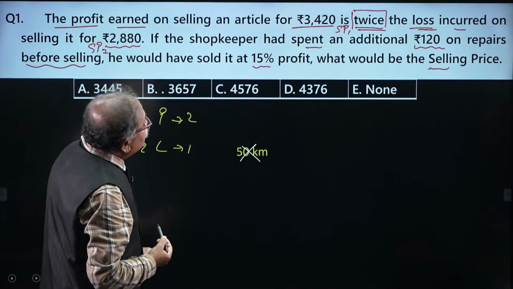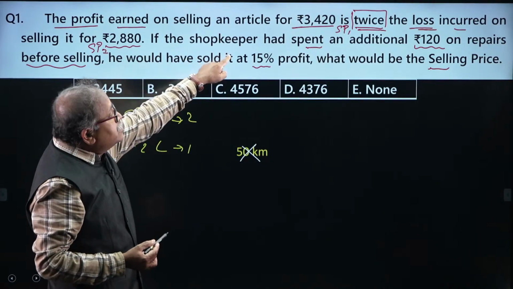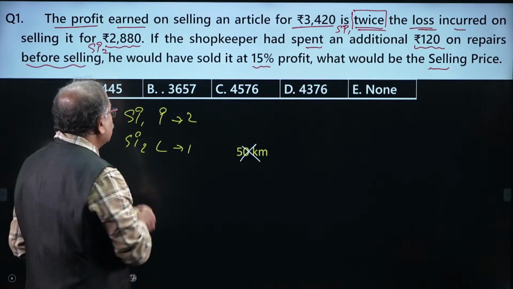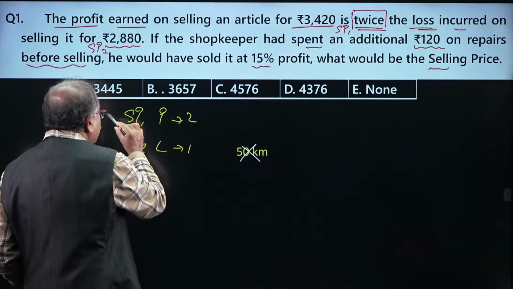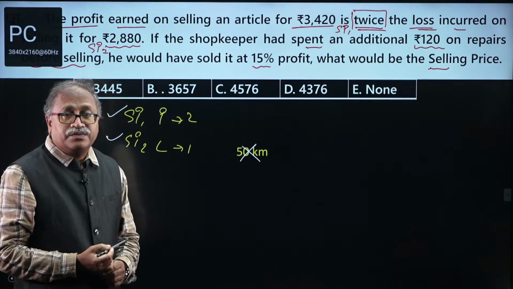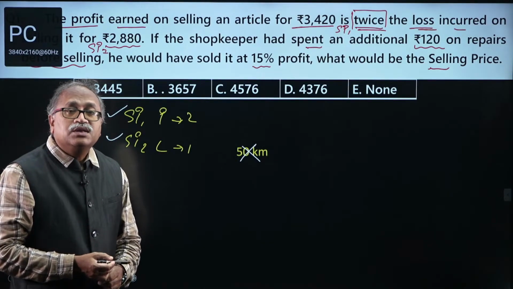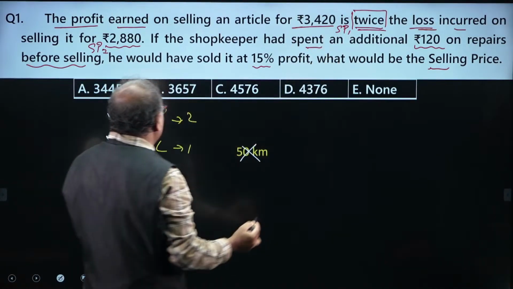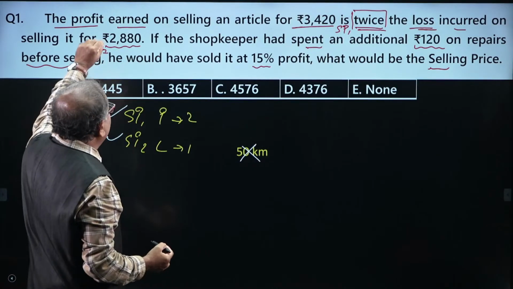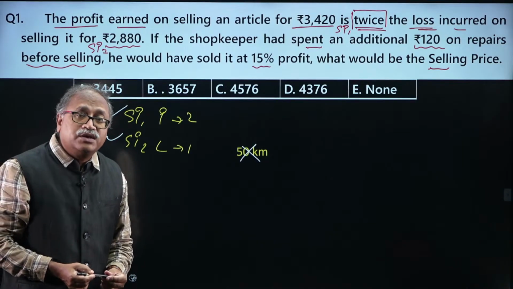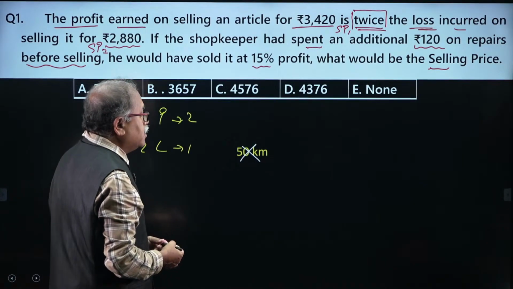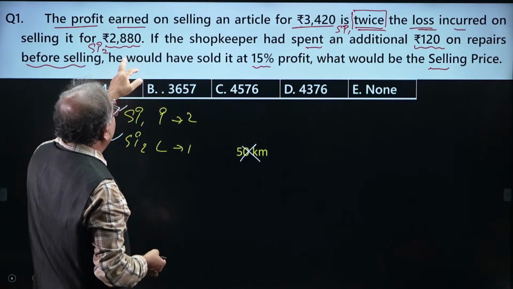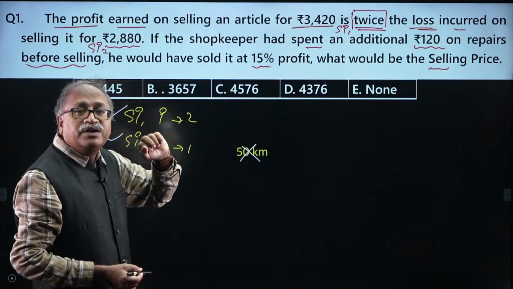Then the shopkeeper spends an additional rupees 120. First, with these two pieces of information I need to find the cost price. How do we get it? There is a very simple method. Take the difference between 3420, that is SP1, and 2880, that is SP2. The difference is 540.